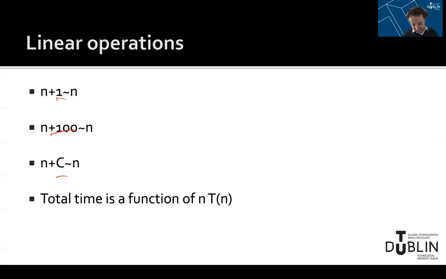So if you have to do 5 operations, so let's say n is equal to 5, then that algorithm takes 6 operations. This would take 106, and this would be 5 plus c.